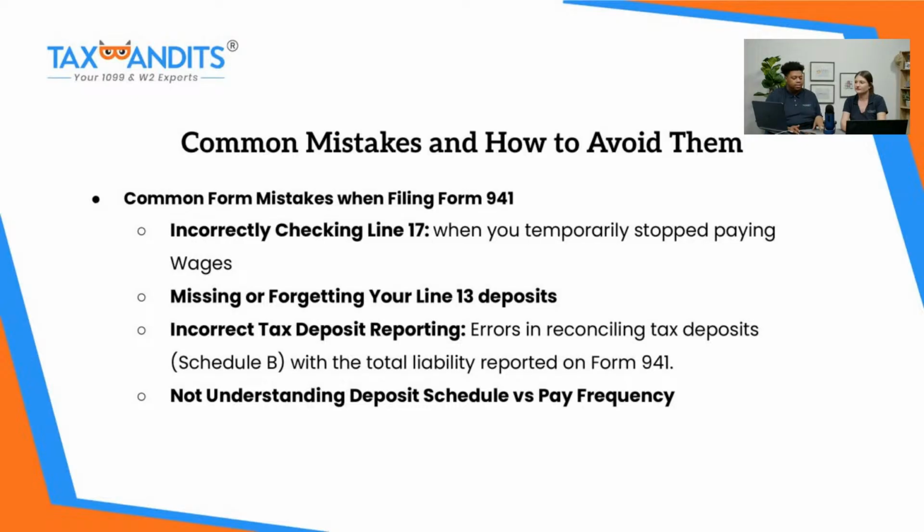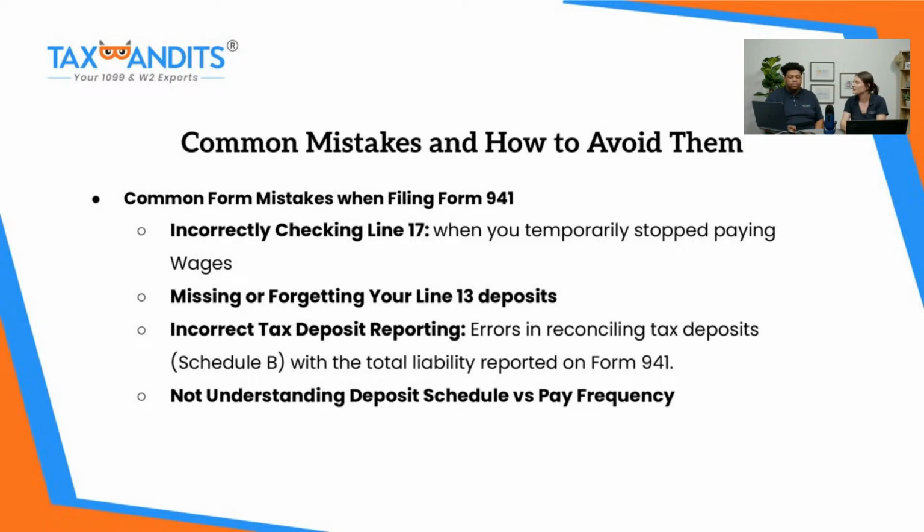All right, so let's talk about common mistakes when filing Form 941 and how to avoid them. One of the common mistakes would be line 17, the final return checkbox. So you'll only check this if you're permanently done paying wages. Don't check it for a slow quarter or temporary pause, or the IRS will think that you're closed.